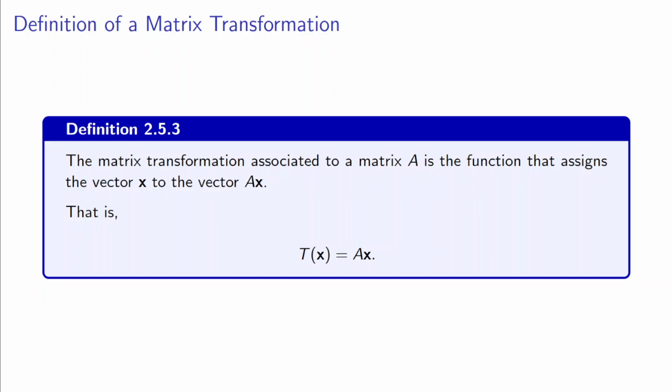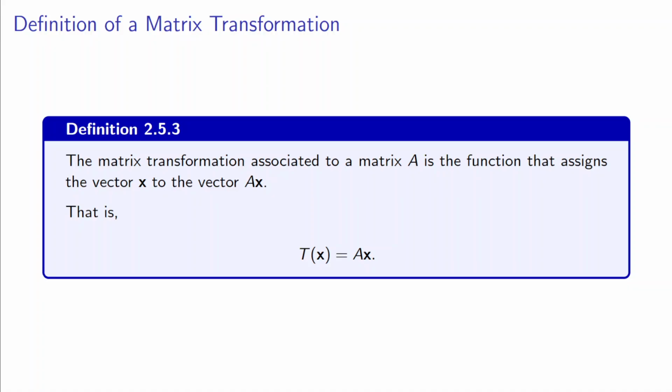So we say that a matrix transformation associated to a matrix A is the function that assigns the vector x to the vector Ax. That is, T of x equals Ax. The name of our function here would be T, and we have the standard function notation that we might be used to from a calculus class.